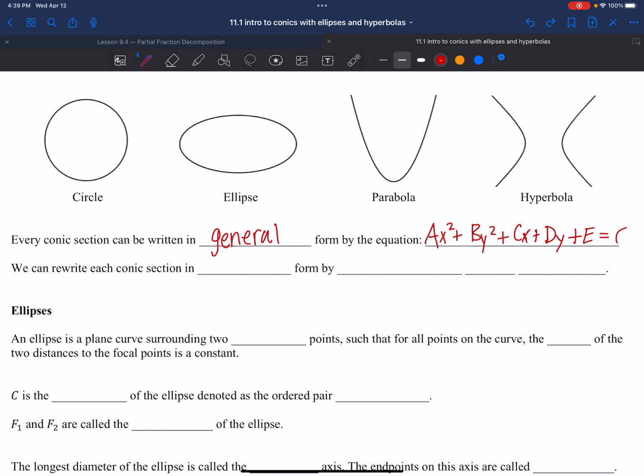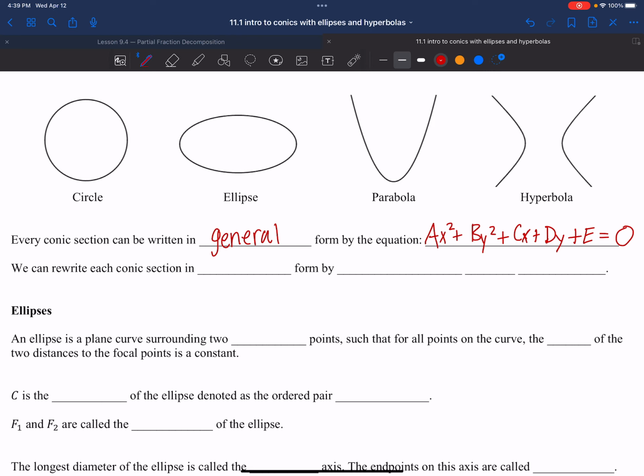Set that equal to 0. It looks complicated, but all it is is you have a quadratic for the x's, a quadratic for the y's, and then you have some constant e. We set that equal to 0.